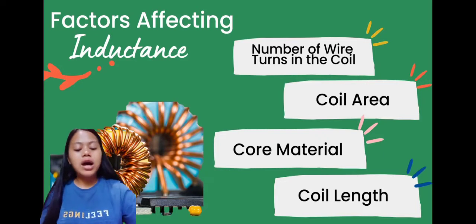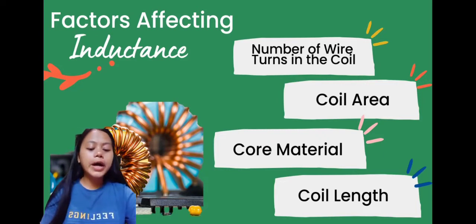First, we have number of wire turns in the coil, area, core material, coil length. So let's talk first about the number of wire turns in the coil. Inductance is greater when the number of turns of wire in the coil is greater. More coils of wire indicate a greater amount of magnetic field force for a given amount of coil current.